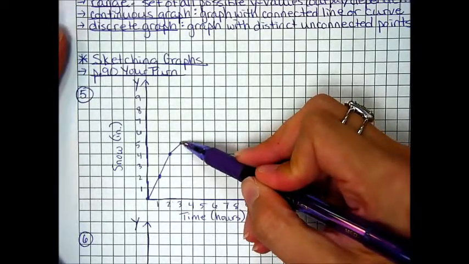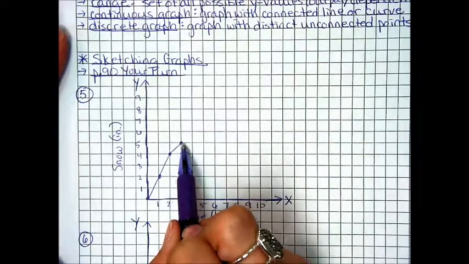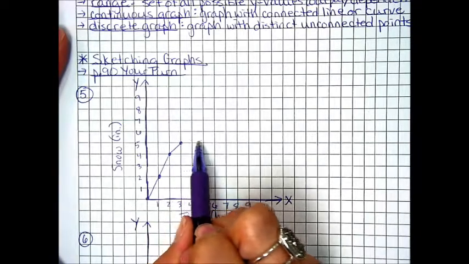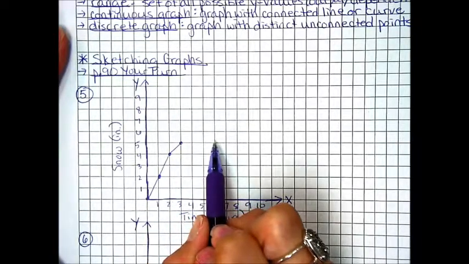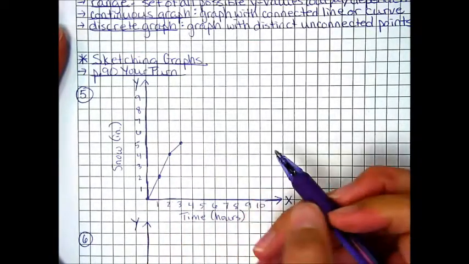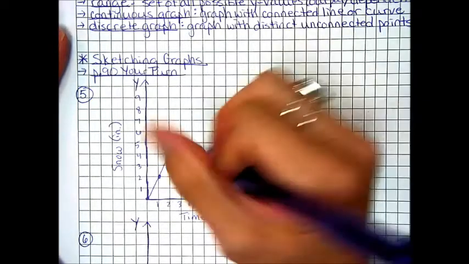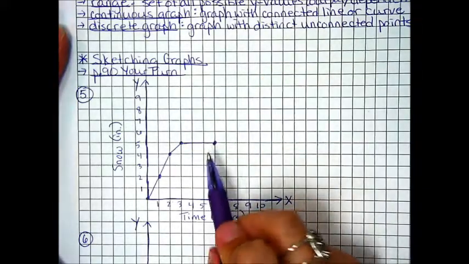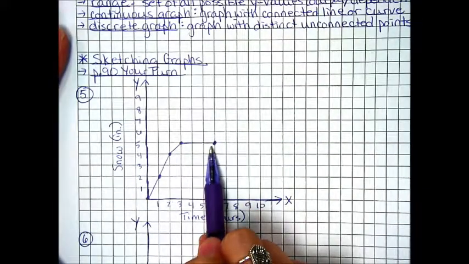When we say that it stopped, that means that we will have to show a continuous horizontal line so that the snow stayed at a consistent 5 inches while it was no longer snowing. And the problem states that it stopped for 3 hours. So I'm going to draw a horizontal line that stretches across a 3 hours time span. So it stops at 6 hours.